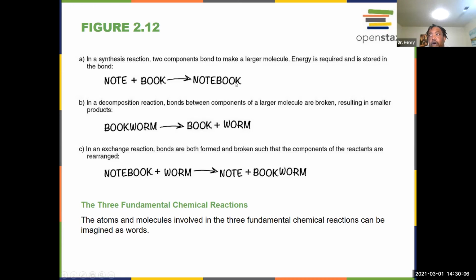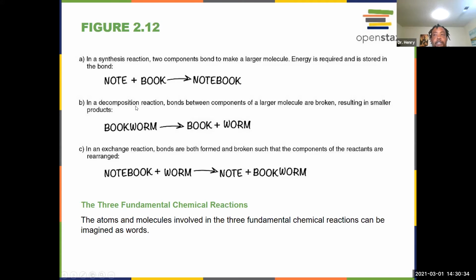This typically requires energy, not always, but typically, and the energy is stored in the bonds keeping those two together. Sugar synthesis is an example.